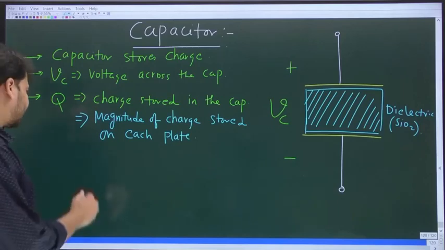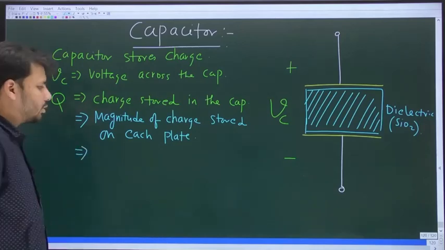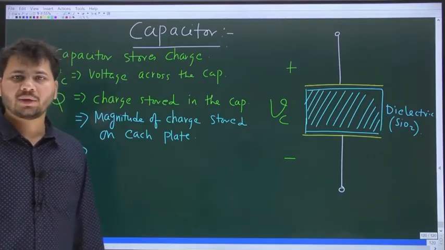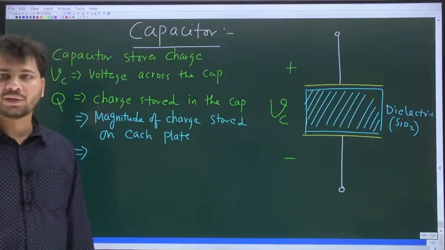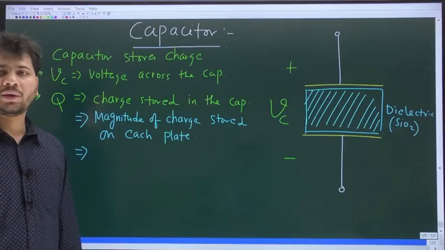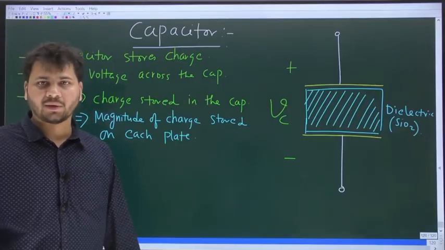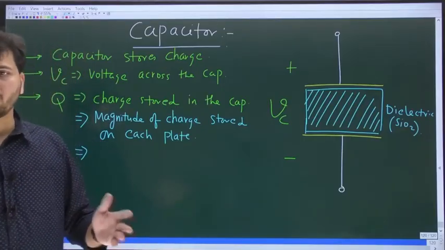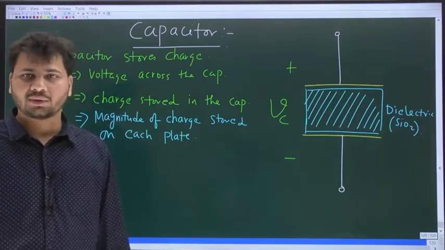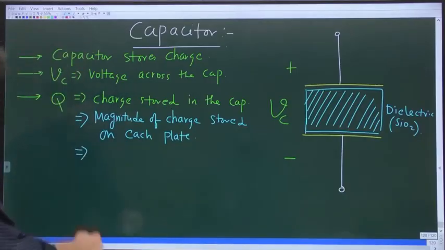You understood? Yes. So this obviously means the positive plate will have a charge of plus Q, and the negative plate will have a charge of minus Q. Plus Q, minus Q, for both of them the magnitude is the same, and it is Q.